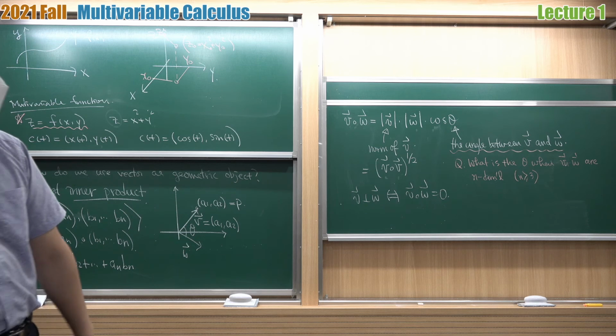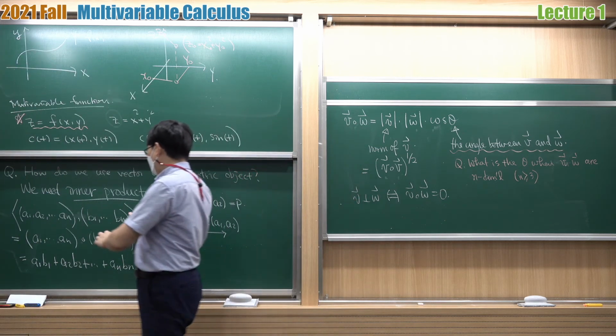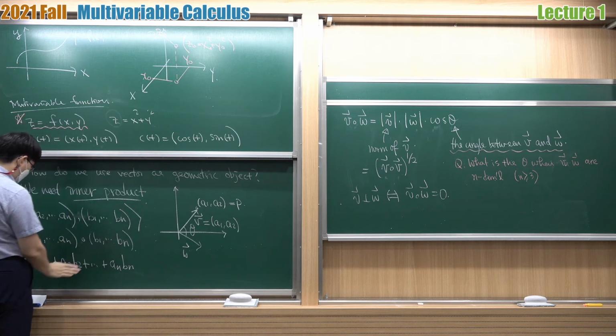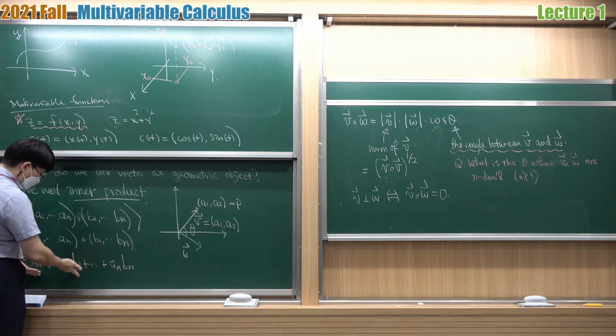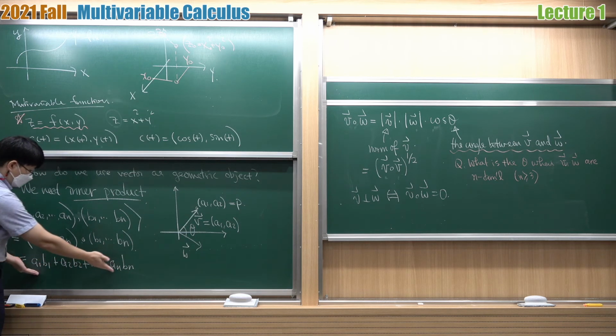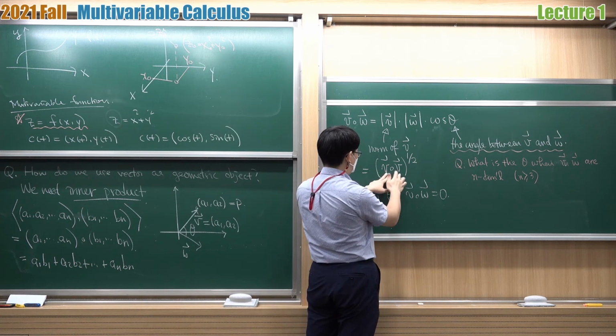Yes, you can use the inner product and norm. The inner product is defined for any n-dimensional vectors. It's the sum of n products of these numbers. And the norm is also well defined because these two are n-dimensional vectors.